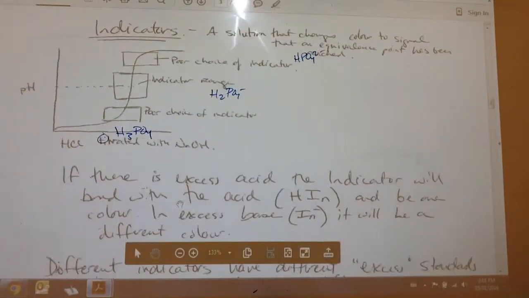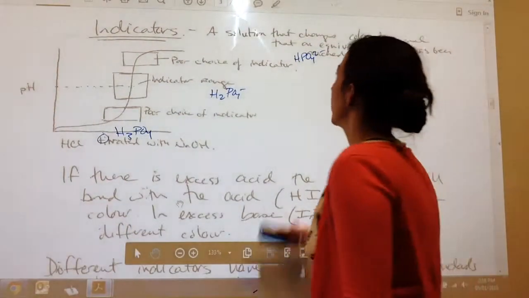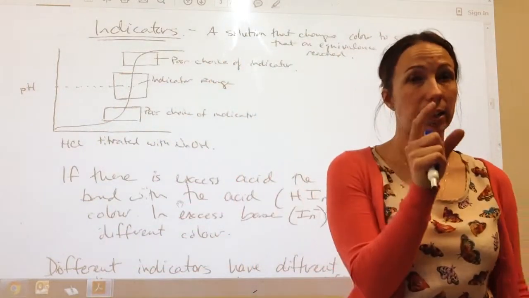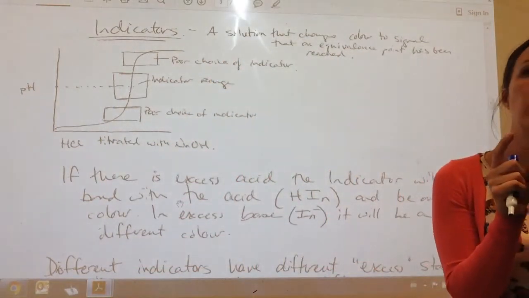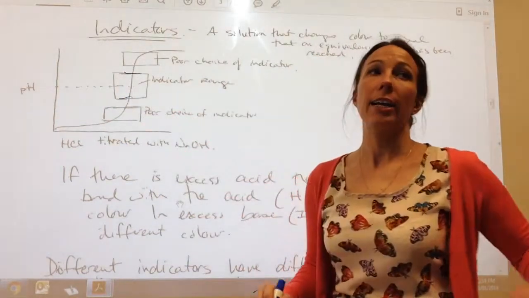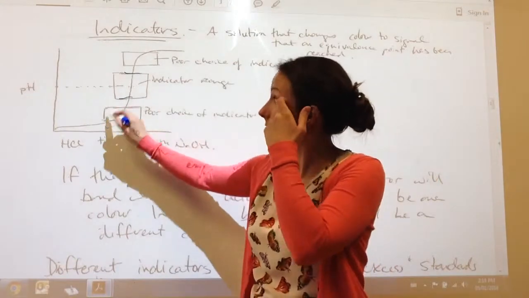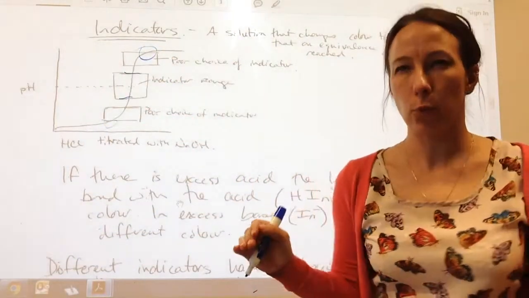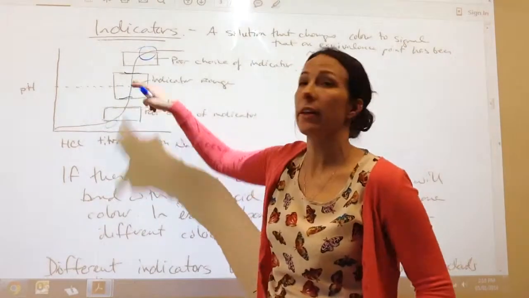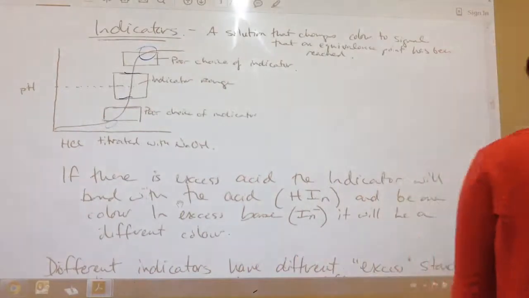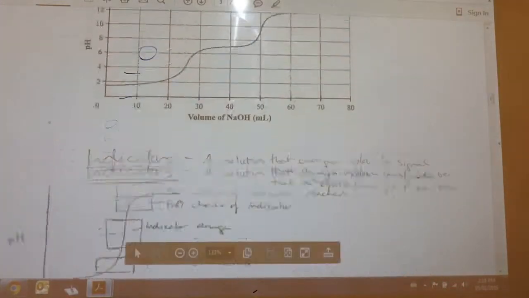Picking indicators. When I am picking an indicator, I want to find an indicator that changes color in this pH range. I don't want it to overlap these humps, those excess points, very much. I would really like the whole range to be within my endpoint flat line. So why do we pick phenolphthalein in Chem 20?